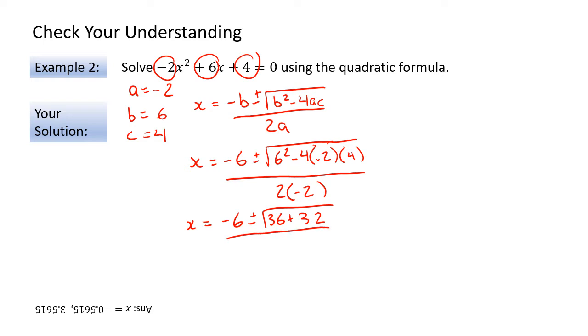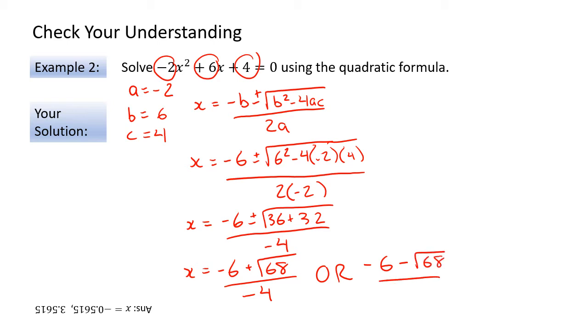And that's divided by 2 times negative 2, which is negative 4. So simplifying this, we get x is equal to negative 6 plus the square root of 68 divided by negative 4, or negative 6 minus the square root of 68 divided by negative 4.